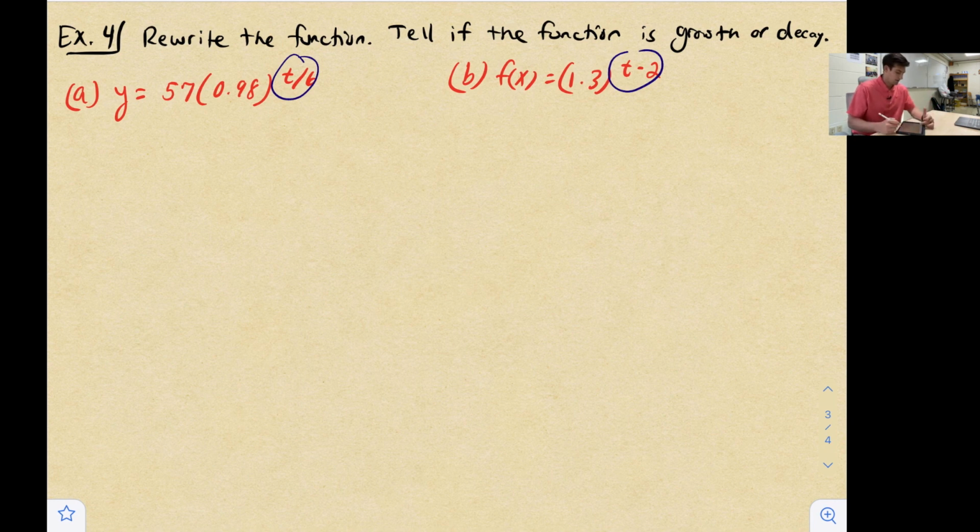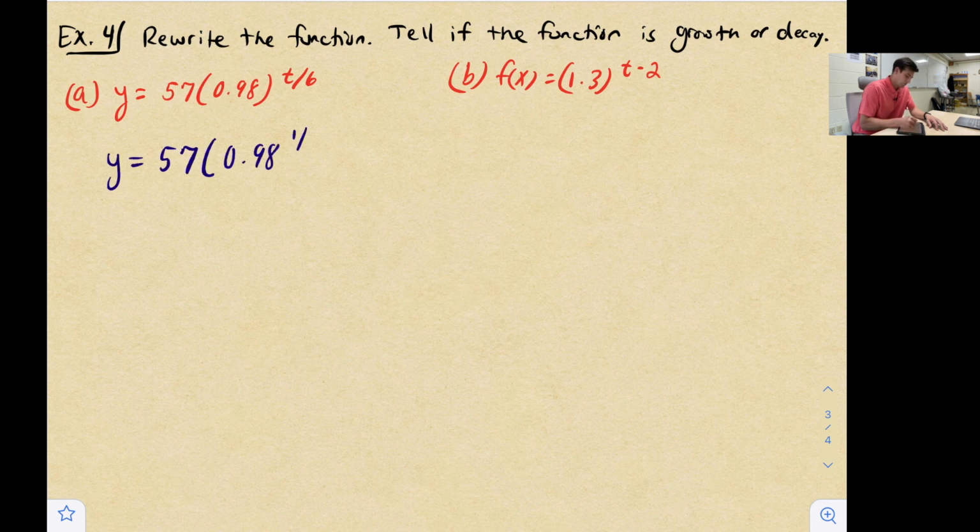So we start off with example A, and we have y equals 57 times 0.98 raised to the t divided by 6 power. So t over 6, remember when we had rational exponents? What we want to do with that is make that become 1 over 6. So I'm going to say y equals 57 times 0.98, and I'm going to change this to 1 over 6.